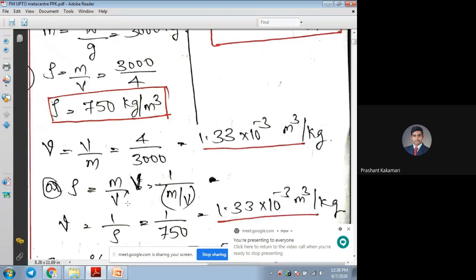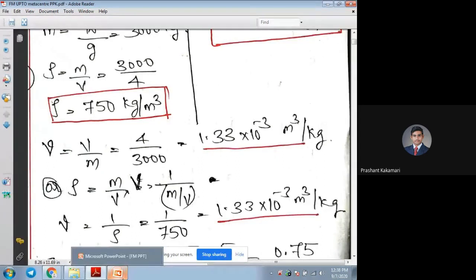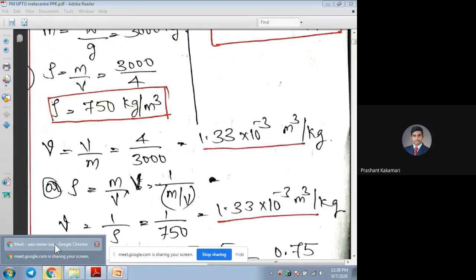So if I take the reciprocal of mass density, I can take 4 meter cube by 3000 kg, or else I can write 1 divided by 750. So one of you check the reciprocal of that density, 1 by 750. Are you getting 1.33 into 10 raised to minus 3 meter cube per kg? 1 divided by 750.